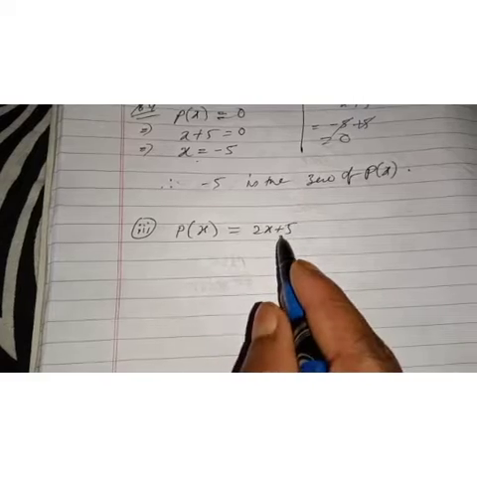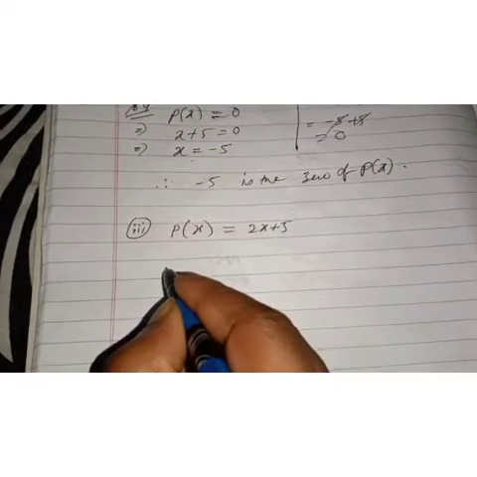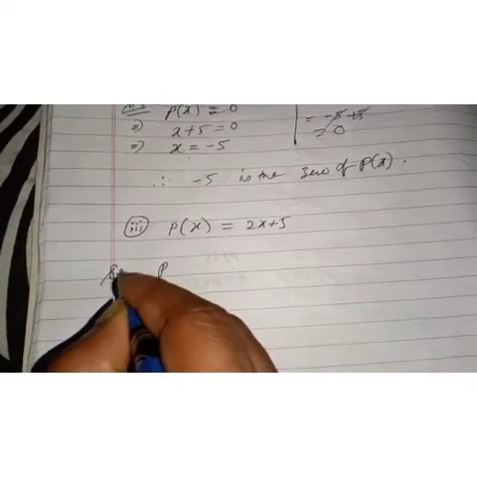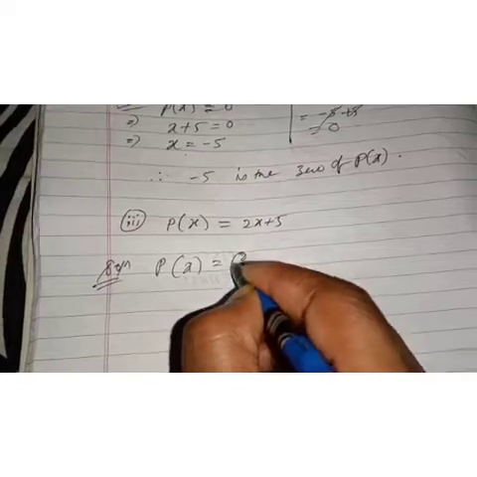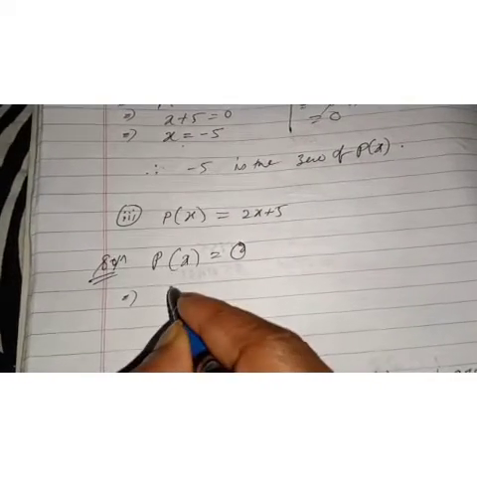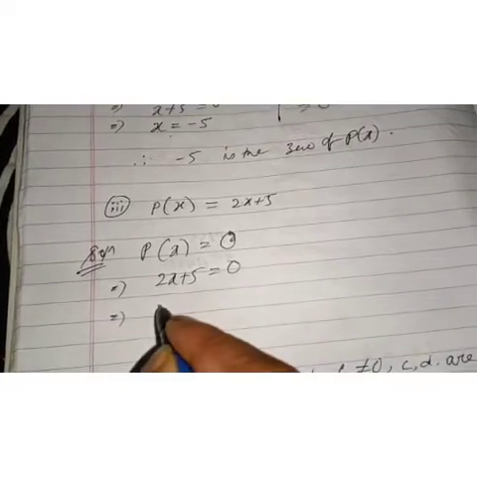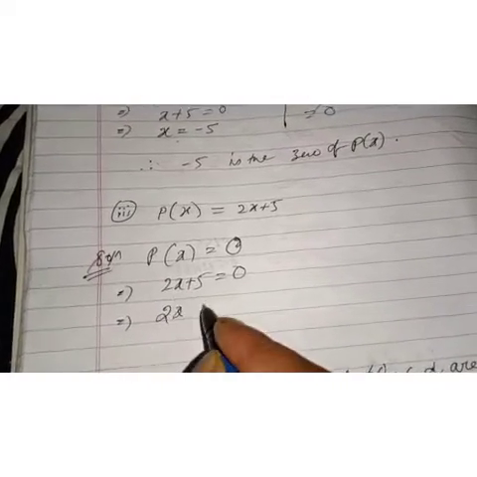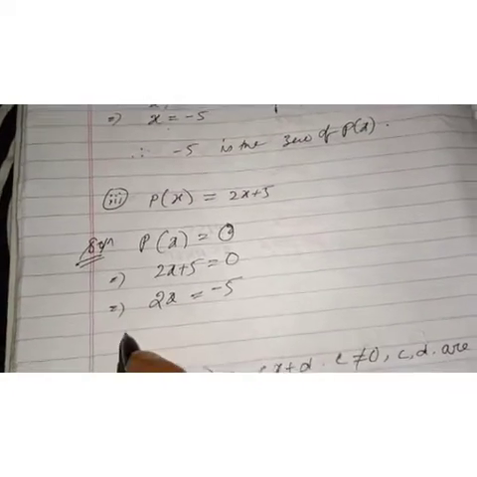Okay, next one. p(x) is equal to 2x plus 5. From here you need to find the 0. Similarly, p(x) is equal to 0. Then 2x plus 5 is equal to 0. Now you need to find the value of x. 2x is equal to minus 5.